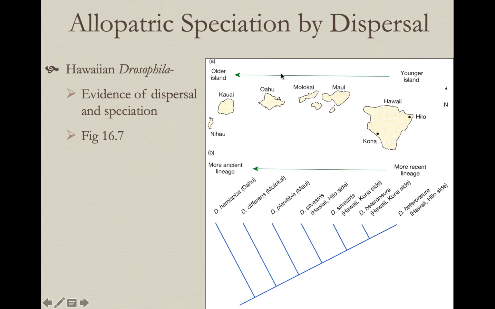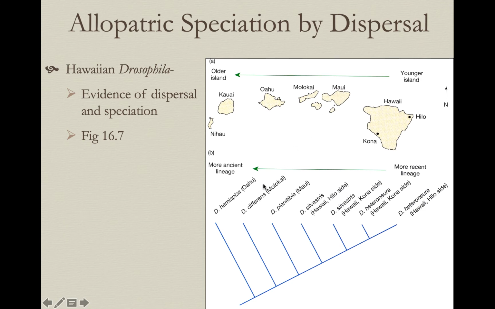Well, if you collect the flies on the different islands, you see that the older lineages are associated with the older islands, and the more recent species are associated with the newer island. So as this island formed, you had individuals from this island hop over here to establish a new population. But before that had happened, we had individuals from a species on Molokai disperse and form a new population here on Maui.